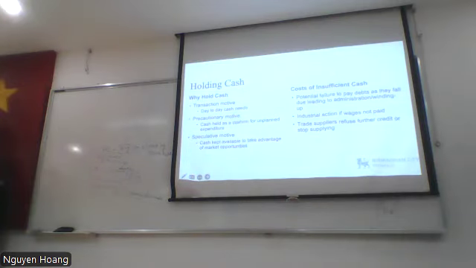So why do we need to hold cash? Day-to-day requirements. We need cash to pay for unexpected expenditures, plus to take advantage of any kinds of market opportunities that we have. But we also have some cost of insufficient cash. The cost of insufficient cash is probably the failure to pay debts. It means our due date has come and we have to pay back our debt holders, but we are running out of cash.